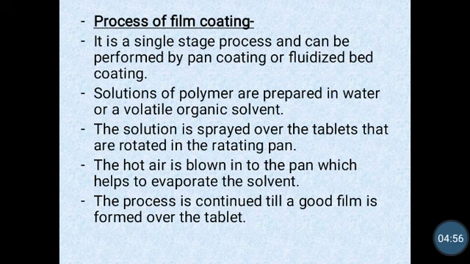The tablets to be coated are placed in the coating pan and the pan is rotated by an electric motor, and externally the coating solution is sprayed using different spraying equipment, and the tablets get coated. The solutions of polymer are prepared in water or a volatile organic solvent, and the solution is sprayed over the tablets that are rotated in the rotating pan.